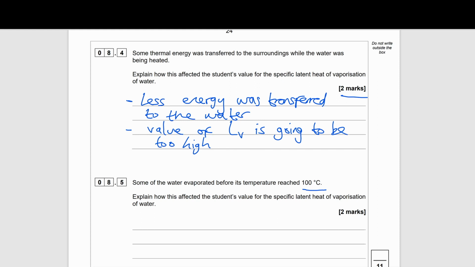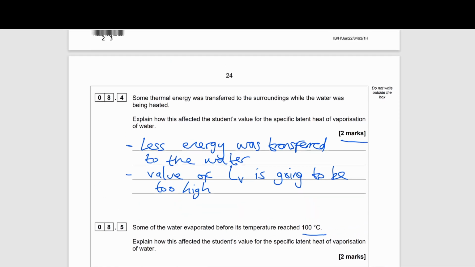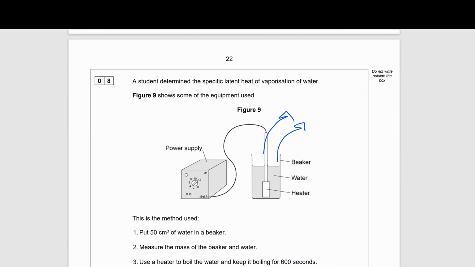So let us again go back to our figure. Some of the water has evaporated this time. So in this case, it's not energy this time. It's actually some of the water evaporating prior to it going to 100 degrees.